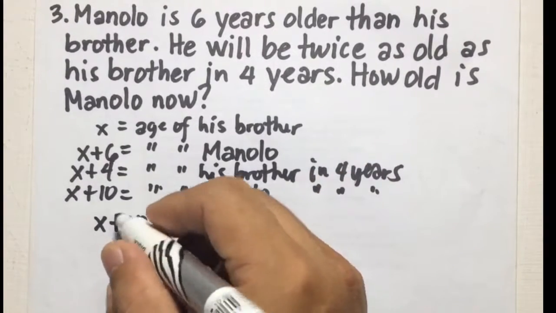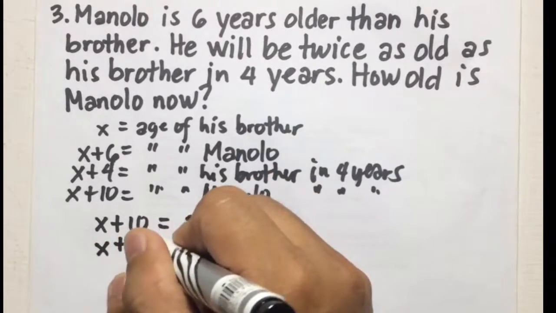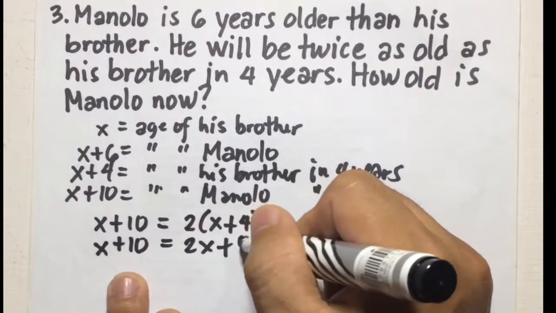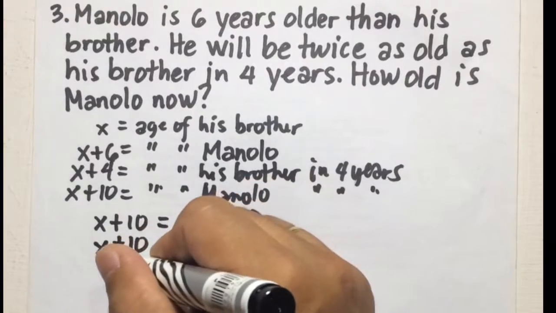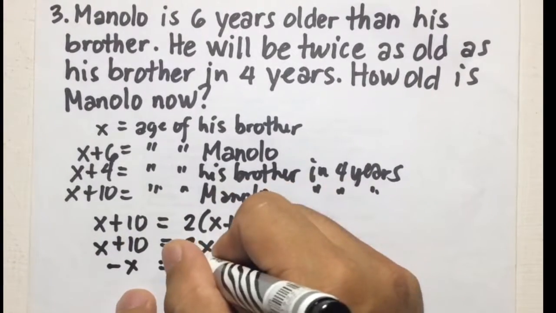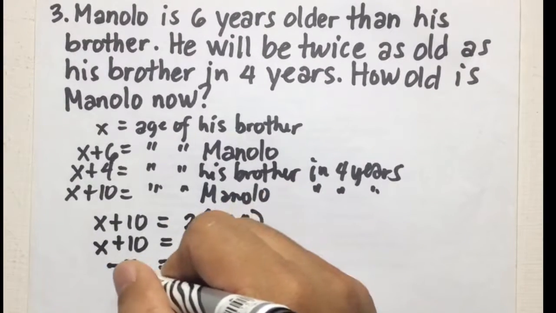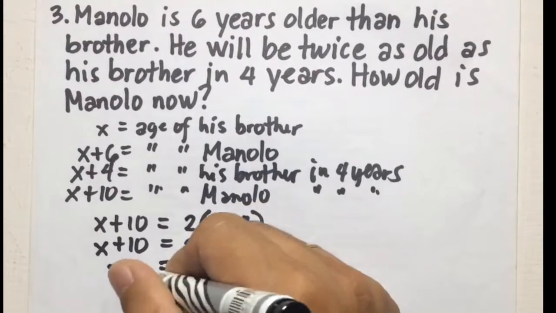Then solving the equation here, we're going to have X plus 10 equals 2X plus 2 times 4 is 8. Then combining like terms, X minus 2X, we're going to have negative X here. 8 minus 10, that will be negative 2. Then multiplying the equation by negative 1, we're going to have X equals 2.